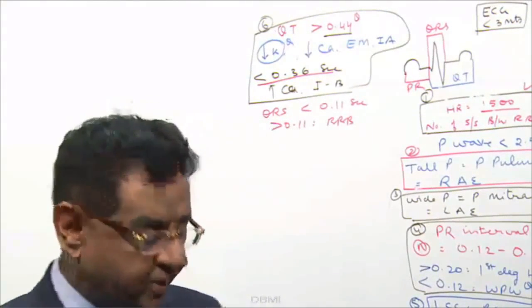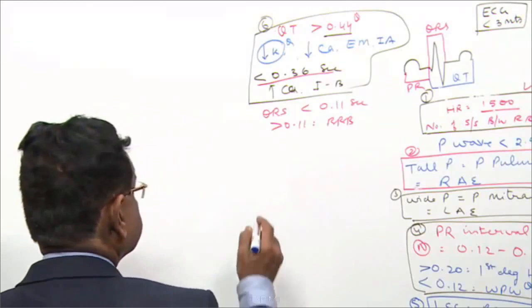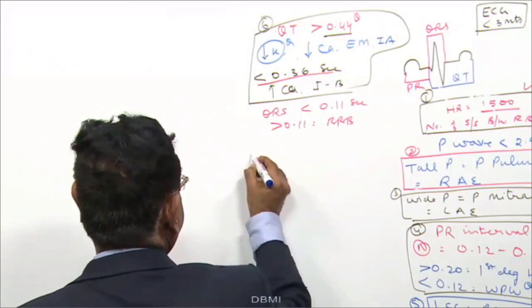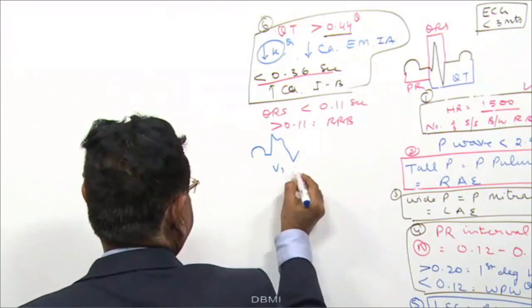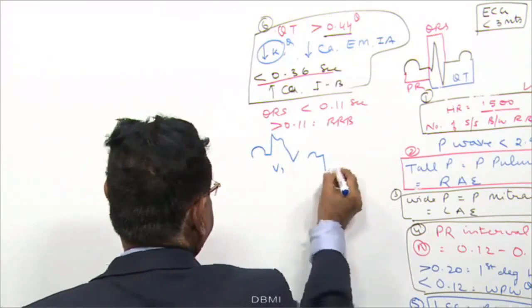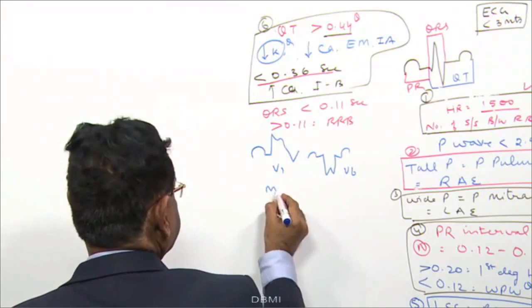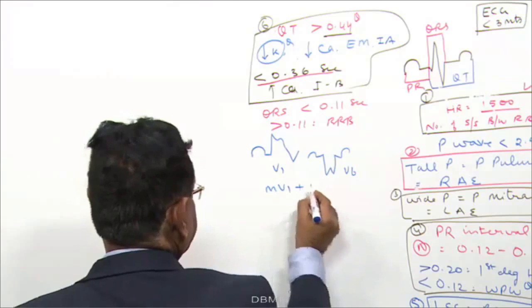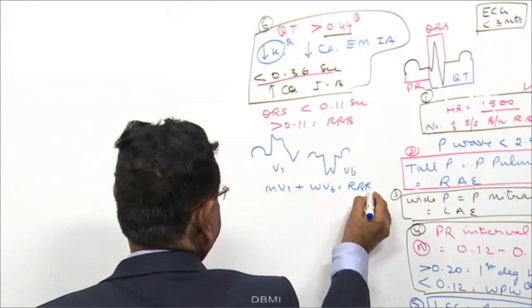Now, how to find out in ECG which type of block is there? Friends, if you get M pattern in V1 and W pattern in V6, we call it right bundle branch block.